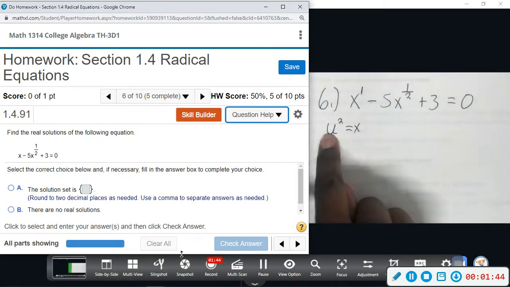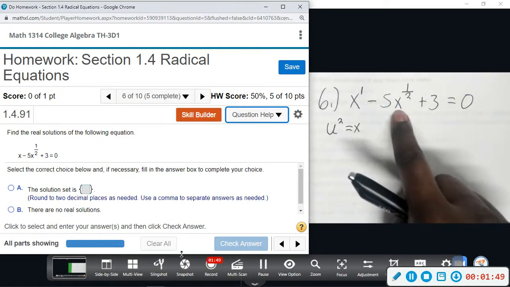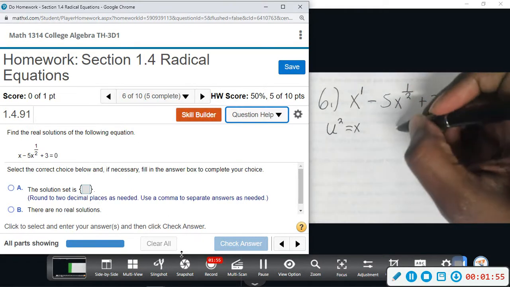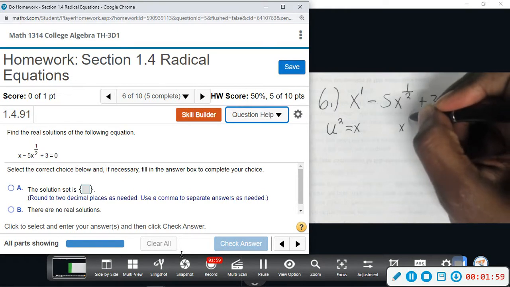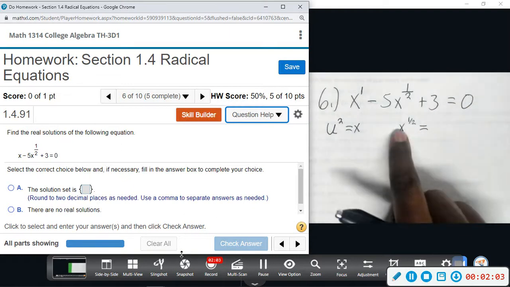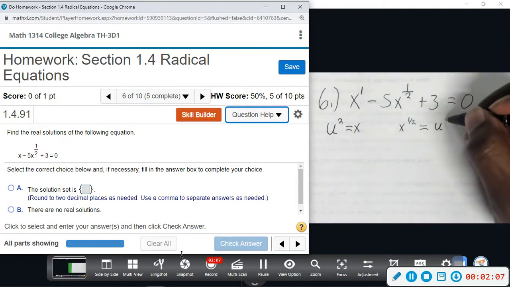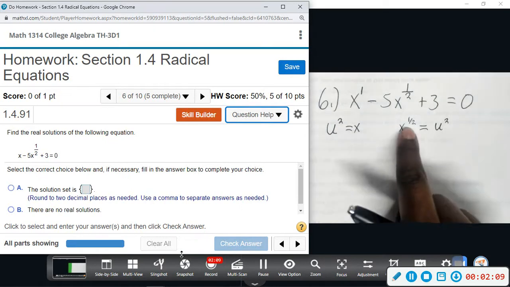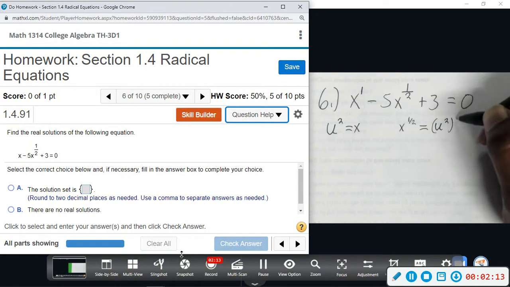All right, so if U squared is equal to X, then we also need to figure out what X to the 1/2 is. X is still equal to U squared. But because of this 1/2, we have to add that 1/2 power here, or basically a square root.